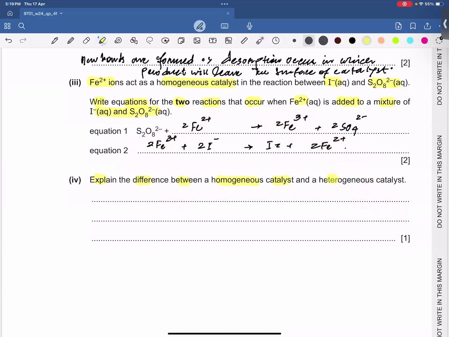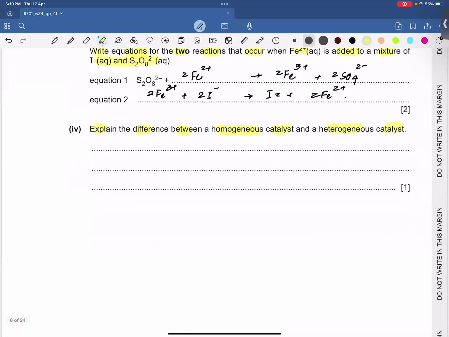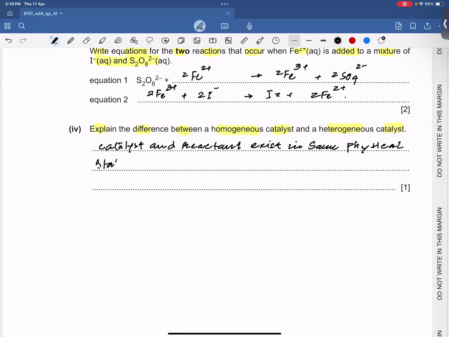Explain the difference between a homogeneous catalyst and a heterogeneous catalyst. If catalyst and reactants exist in the same physical state, then it is called a homogeneous catalyst.